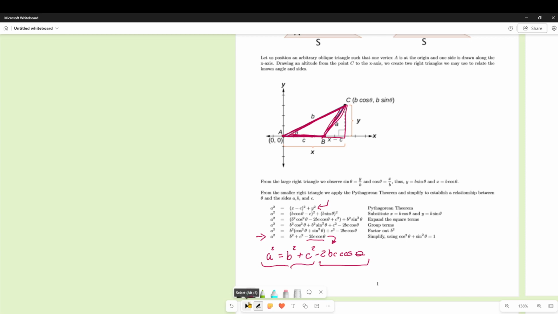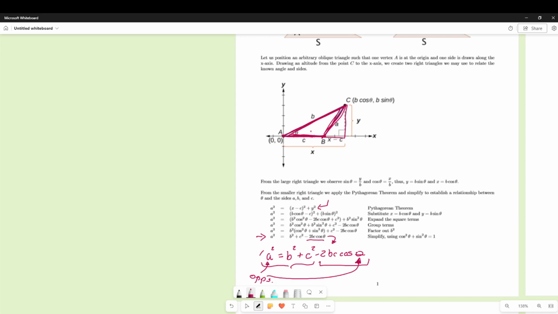The big important thing here is that this side A, we can't think of it as the hypotenuse anymore because it's not a right triangle, so that's not the hypotenuse. It's important that this side A is the side opposite that angle theta. That those are opposites.